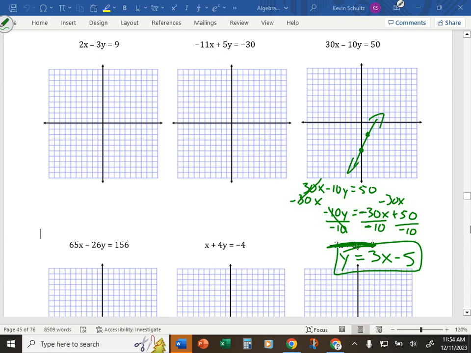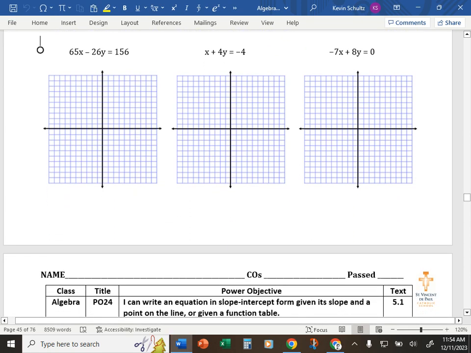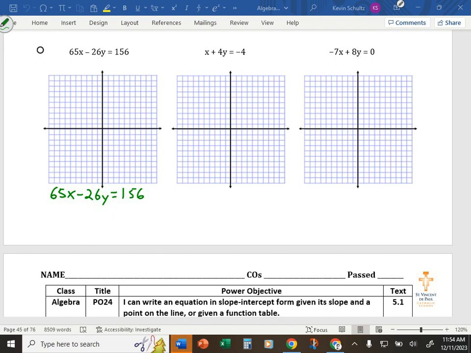Okay. What's one on the bottom row that looks worth our time to do together here? First one? Because numbers are scary? Yeah, for sure. Our process is no different. 65x minus 26y equals 156. First step, we've got to convert it to slope-intercept form.